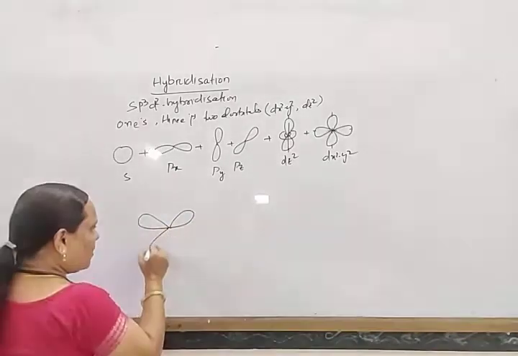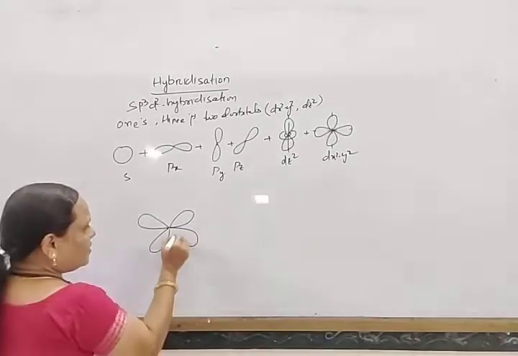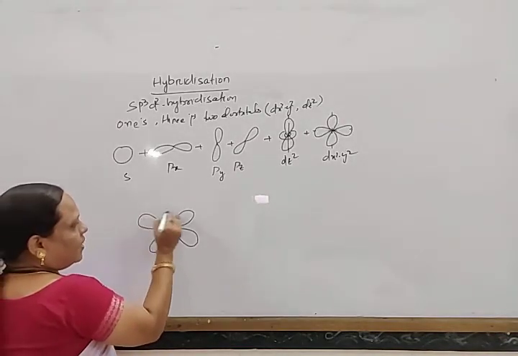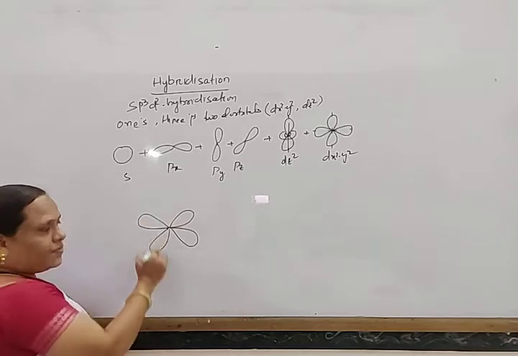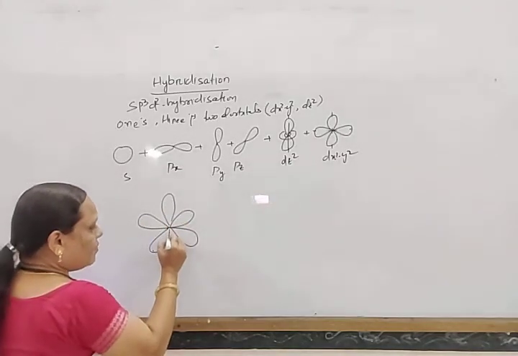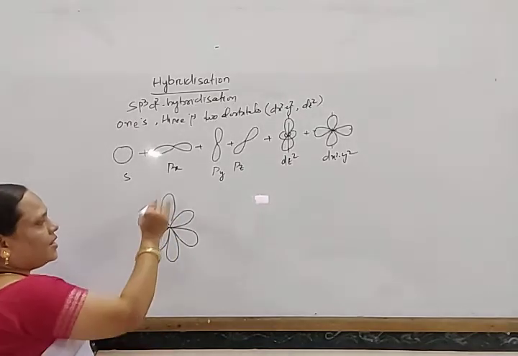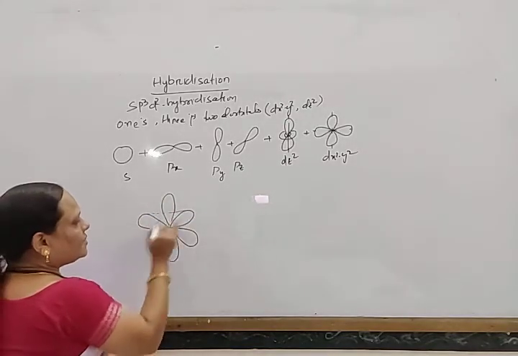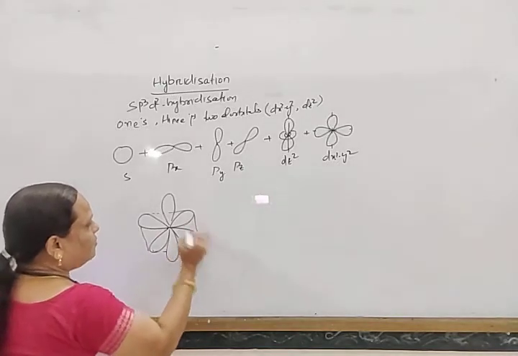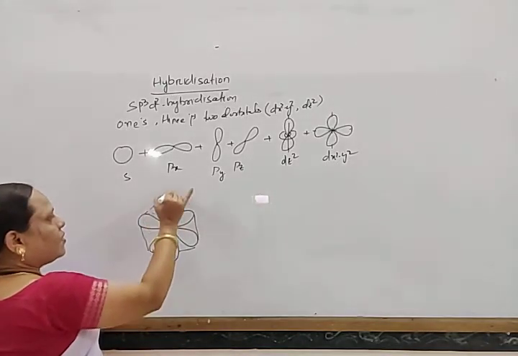So first, four are pointed towards the corners of a square, and one remains above the plane and one below the plane. If all these points are joined, it gives the shape of an octahedron.